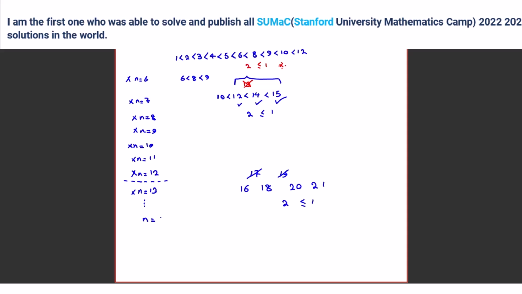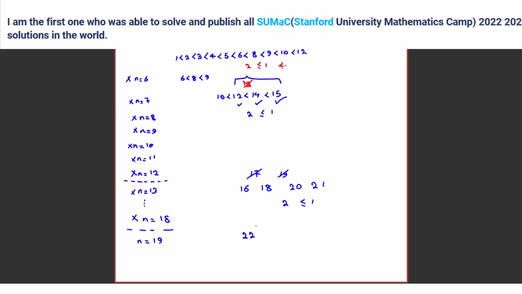Okay, so because of this 19, we can reject until which n? Until n = 18. Exactly. Now for n = 19, what's the first part that we have a problem? Probably the next prime number. Yes. 22, 24, 25.